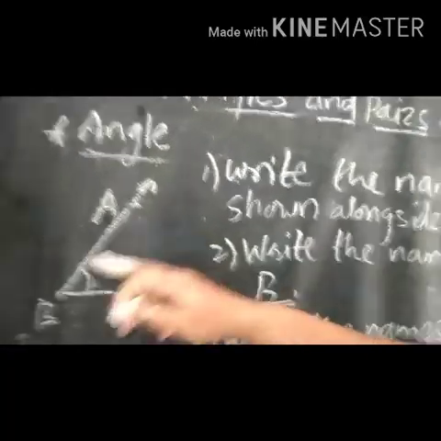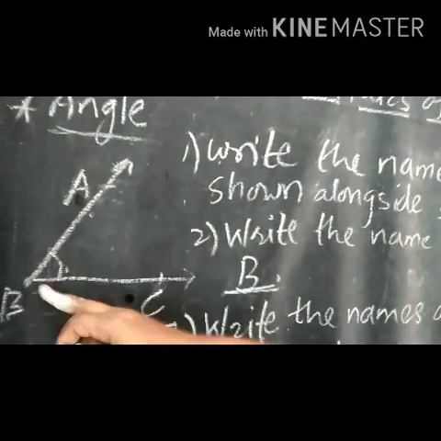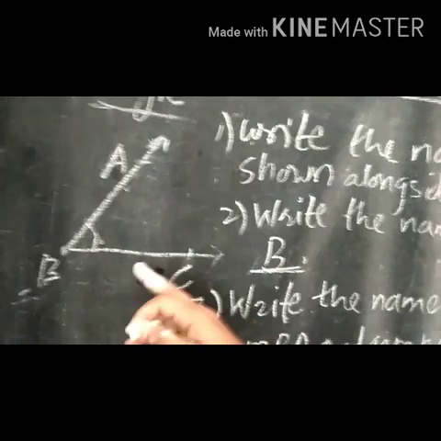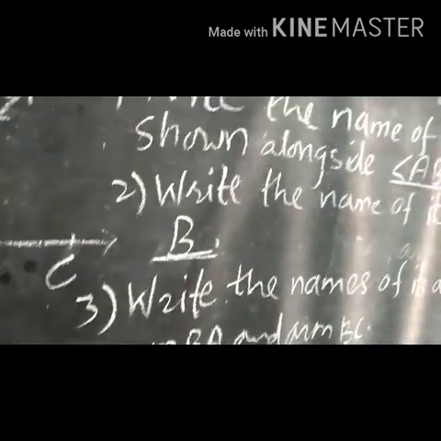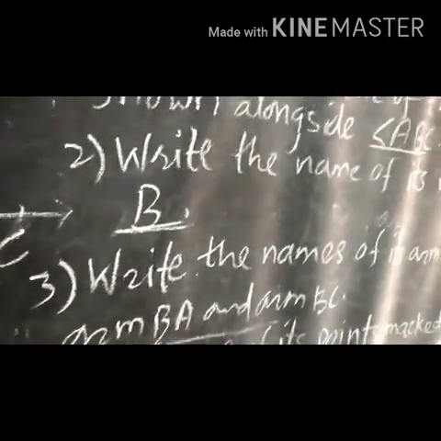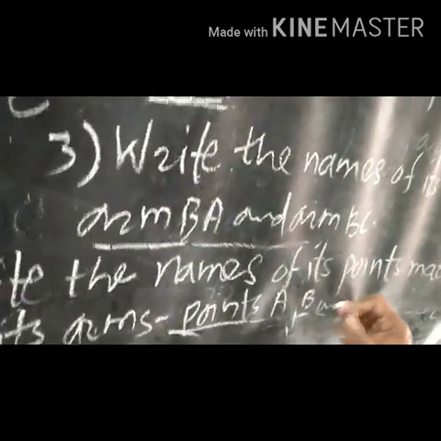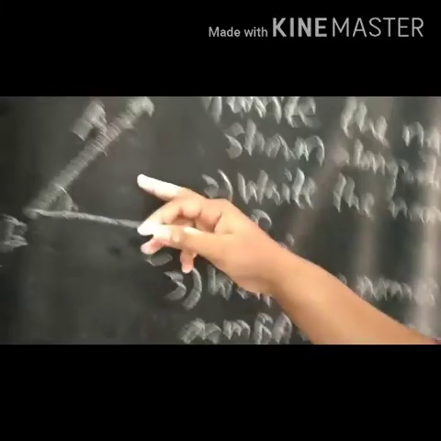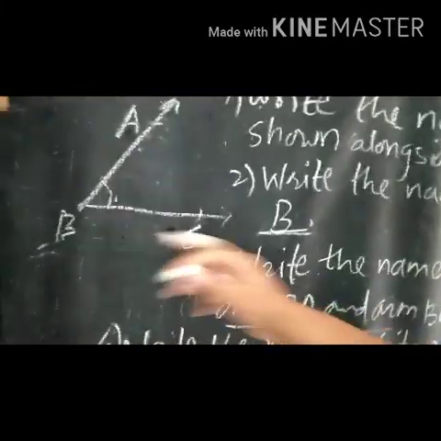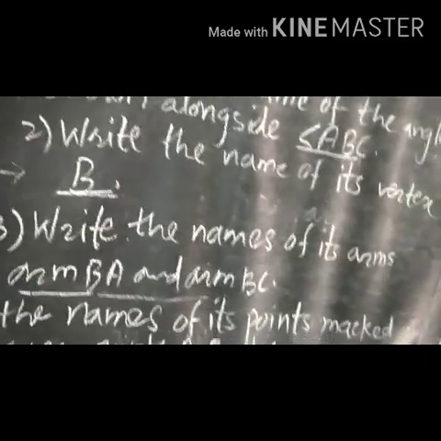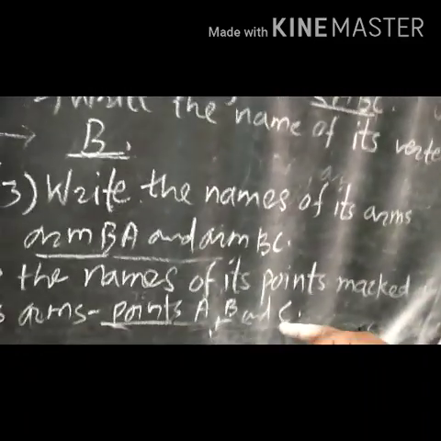So on this arm BA there are points A, B, and on the arm BC there are 2 points, B and C. So points A, B, and C on the arms BA and BC. So write down.